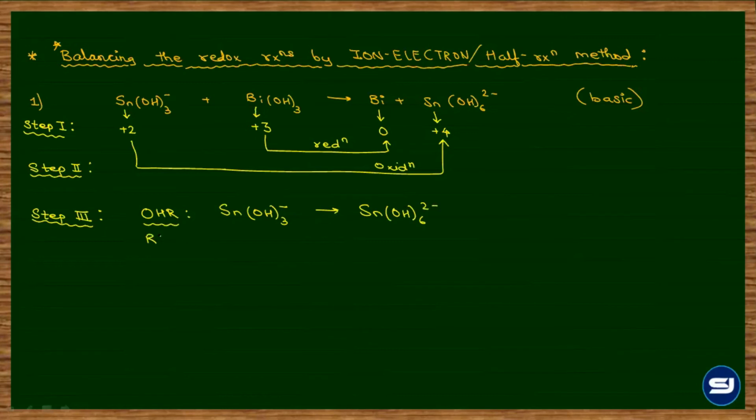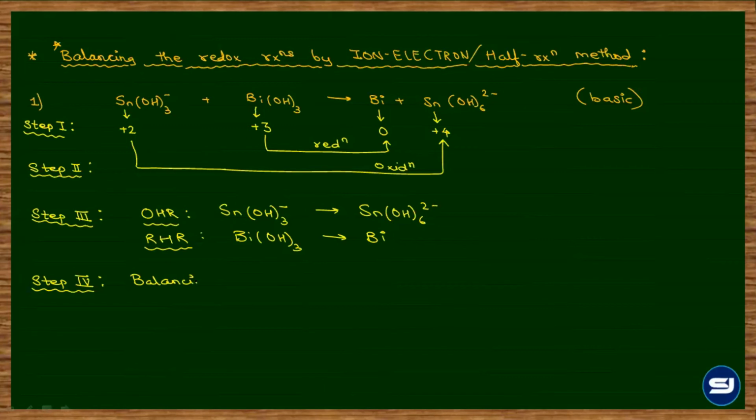And the reduction half will be the bismuth species, wherein you will write Bi(OH)3 giving Bi. Samjha? I've just split this into two half reactions. Now go on balancing these by the normal concept.